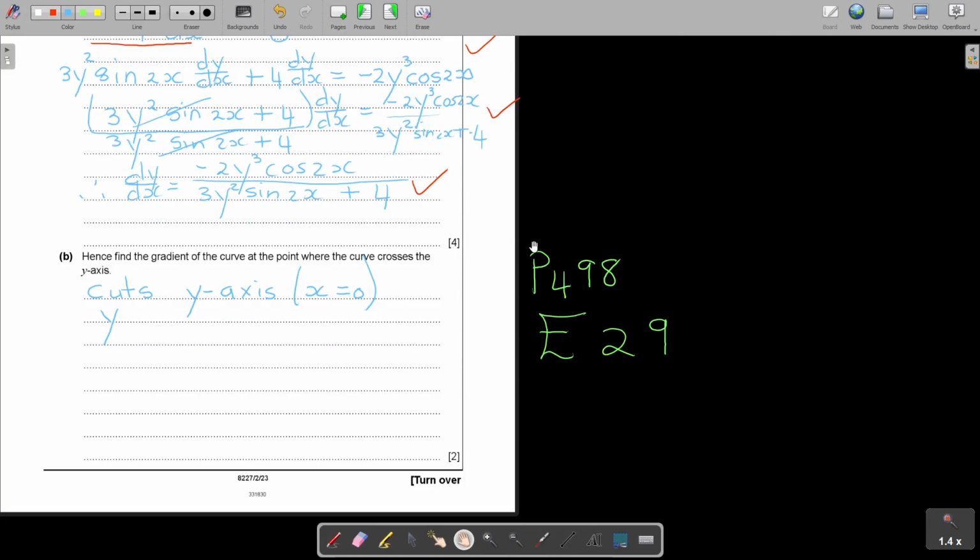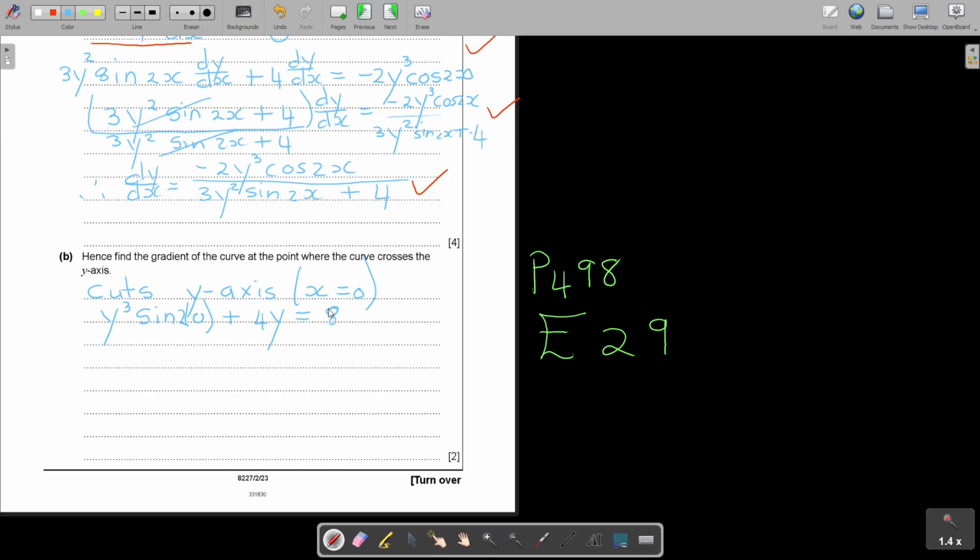So in the original formula, I'm just going to say y to the power of 3 sin 2, and in the place of x, I will put a 0, plus 4y equals 8.